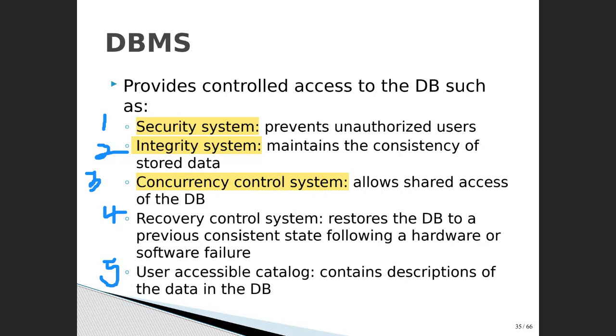But in the database management system, there will be concurrency control, which means that many users or multiple users are allowed to get access to the database at the same time. There will be no breakdown or system error, for example, if multiple users are getting access to the database.